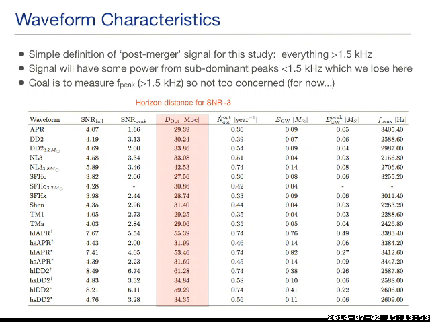So yeah, again, these are just some tabulated, interesting quantities. So as far as this study is concerned, I've just been taking everything above 1.5 kilohertz as post-merger. There is, of course, going to be some contribution from subdominant peaks between 1 and 1.5 kilohertz, which we'll lose in this approach.